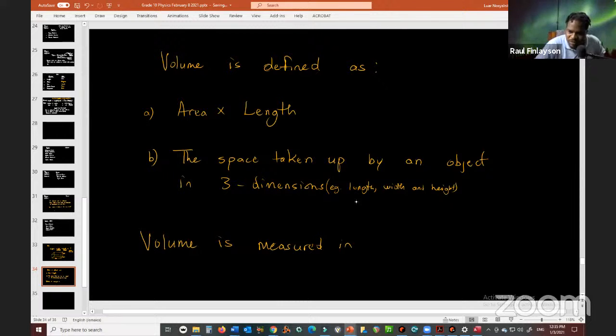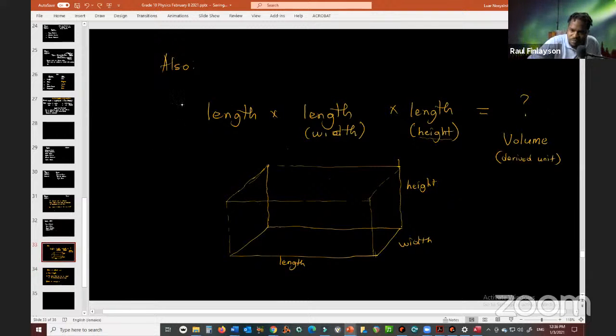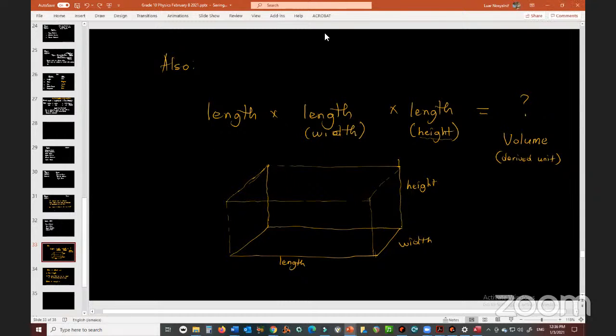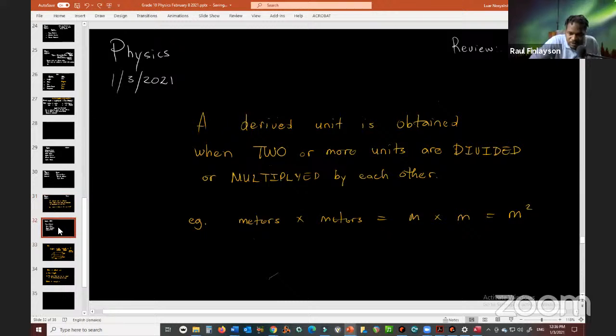If it was length times length times length, what is the unit for length? Centimeter square, sir? That is not what we're working with. We said that anything you do to the quantity, you're going to do to the unit. It cannot be squared.